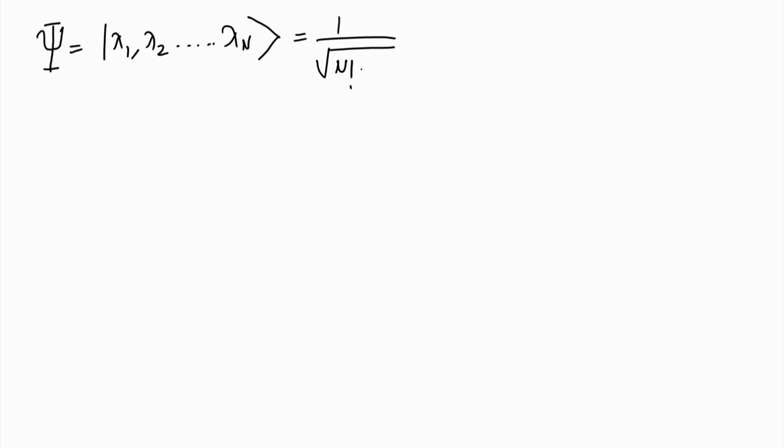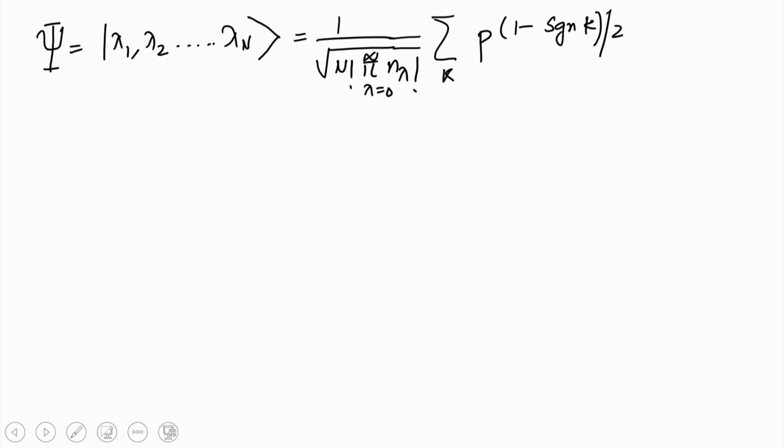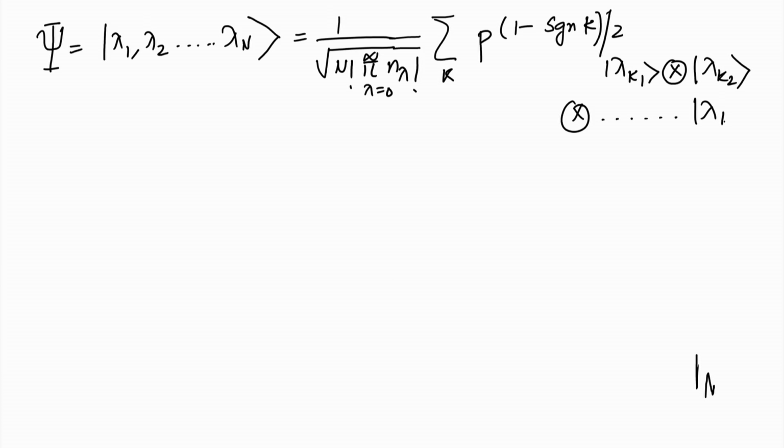Let us write it with a big psi, which is lambda 1, lambda 2, and all the way for n particles, and that is equal to a normalization, which is 1 over root n factorial, times a sum over k, and p to the power 1 minus sgn k divided by 2, times all these single particle states: lambda k 1, product with lambda k 2, and all the way up to lambda k n.